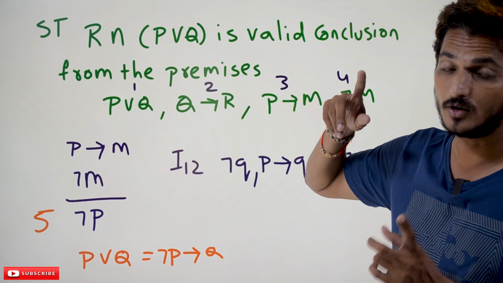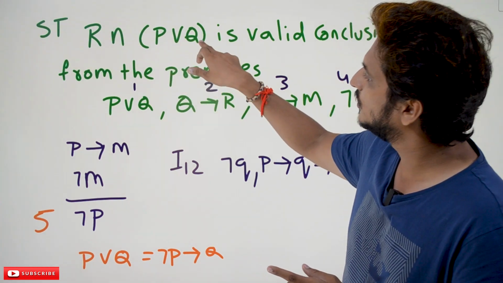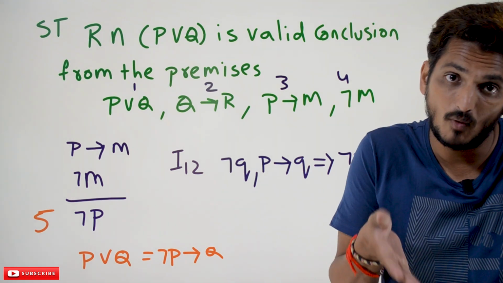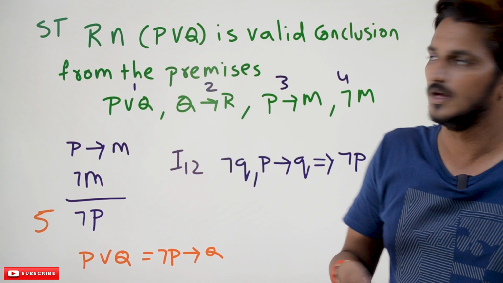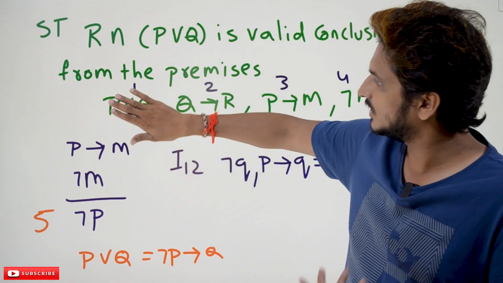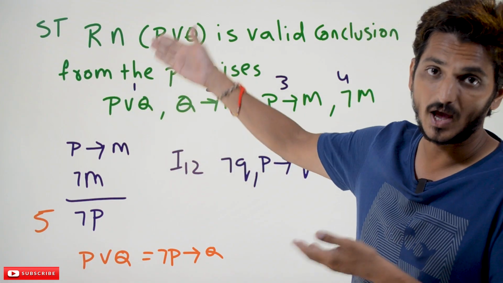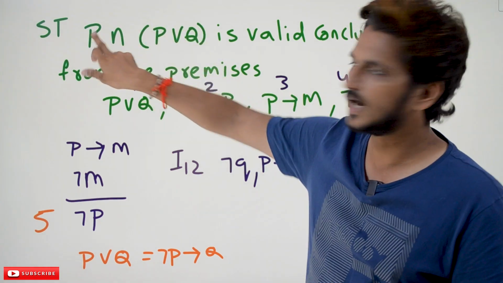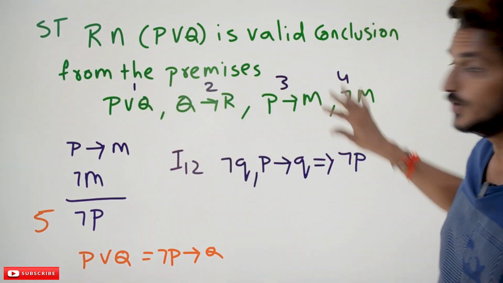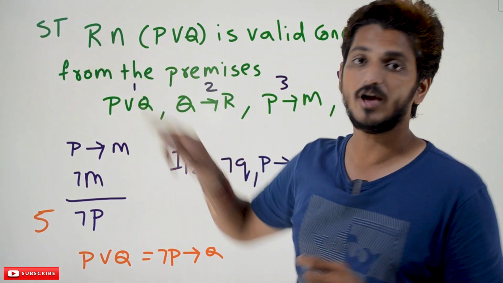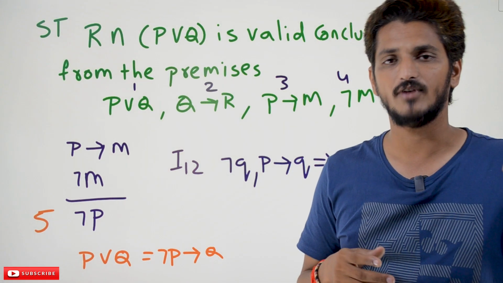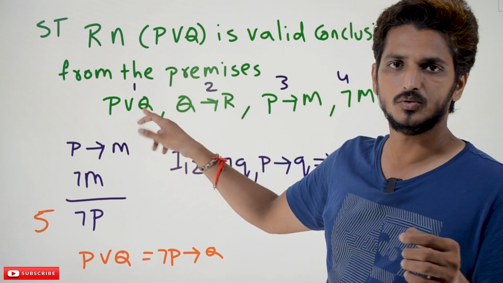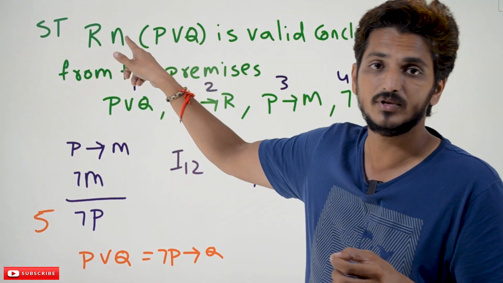And one more point you have to observe here: P disjunction Q is a valid premise, it is already provided in the input. So no need to show that P disjunction Q is valid because it is already given in the input. From these premises you need to show that R is a valid premise. If you show that R is a valid premise, and P disjunction Q is a valid premise, you can place AND in between these two.